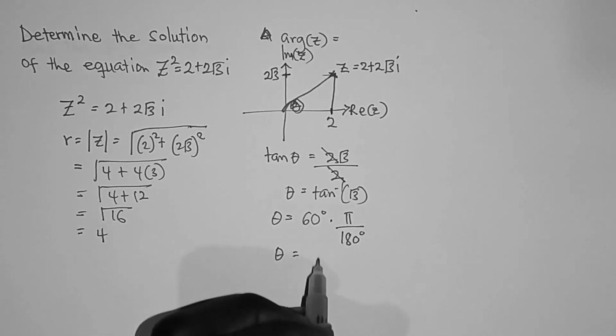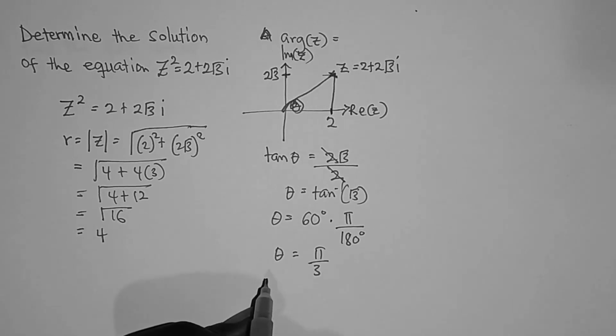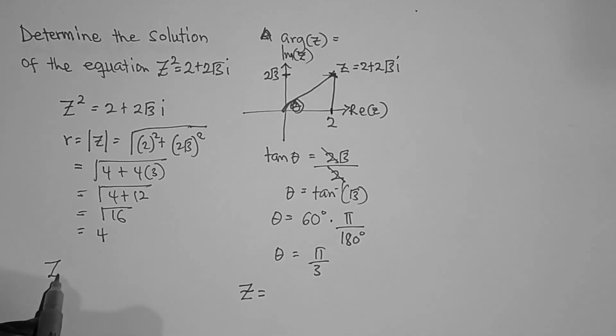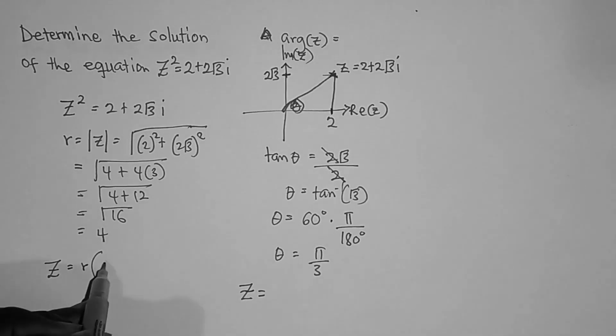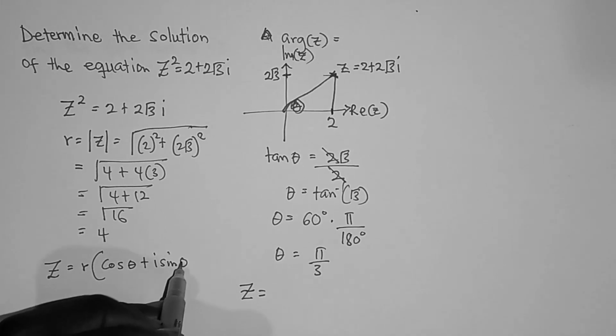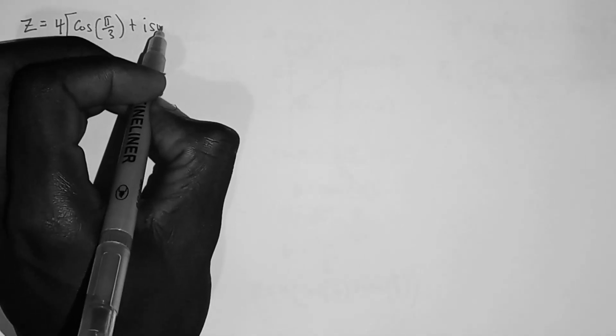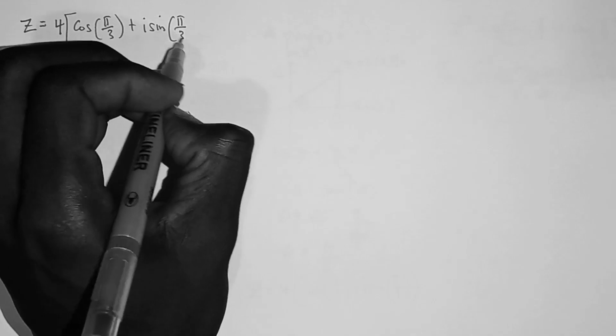And therefore theta is equal to pi over 3 radians. So the complex number z is written as z equals r into bracket cos theta plus i sine theta. So z is equal to 4 into bracket cos pi over 3 plus i sine into bracket pi over 3.